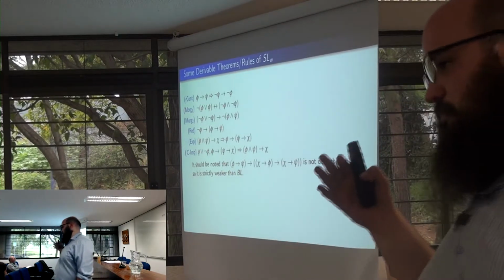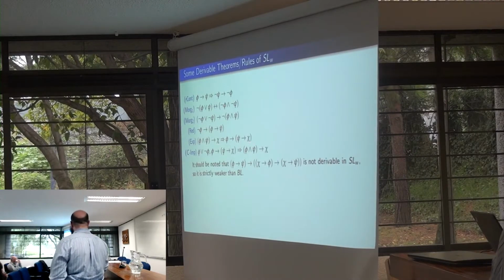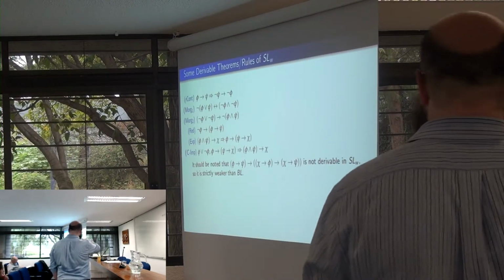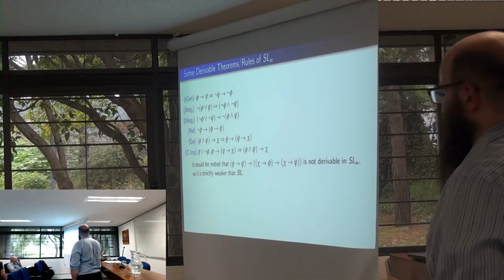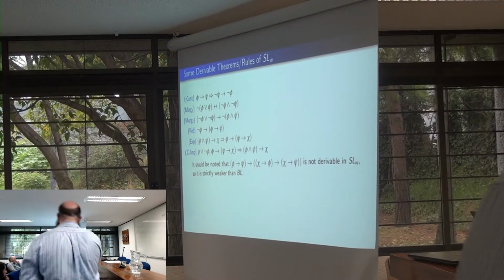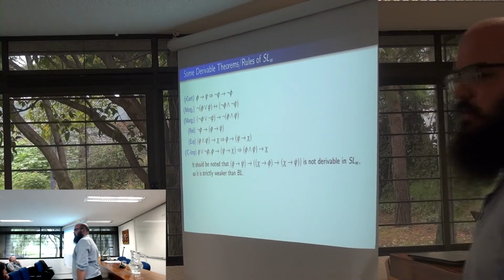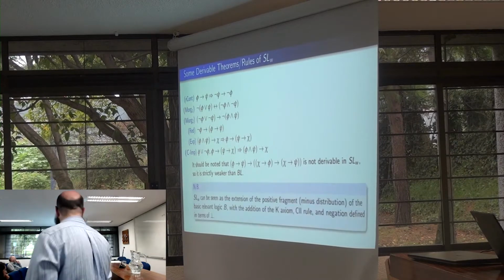This is a much more natural sub-intuitionistic logic. But it should be noted that this is still weaker than BL, because this B axiom, this prefixing axiom, is still not derivable in SLW, which a nice matrix will show you. And so this system is still strictly weaker than the basic fuzzy logic that Hayek used.